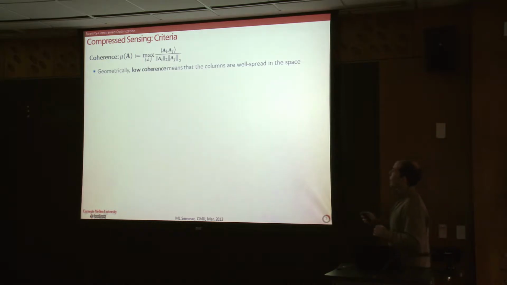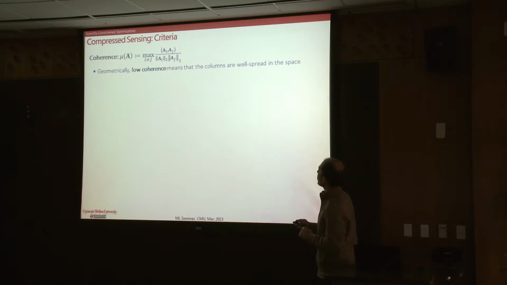For all of these algorithms, some criteria are needed for the measurement matrix A, or as you may know it, the design matrix A, to guarantee the convergence or accuracy of the algorithms. The first one is called the coherence. The coherence basically measures how well the columns of the matrix A are spread in the n-dimensional space.